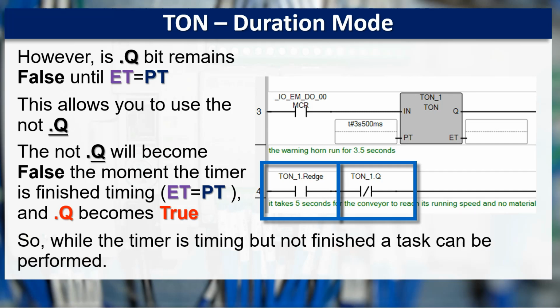This allows you to use the not Q. The not Q will become false the moment the timer is finished timing, because ET now equals PT, and the Q becomes true. So during the time that you are timing, and the Q is not set, a task can be performed.